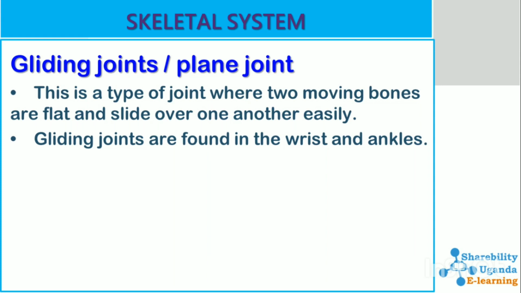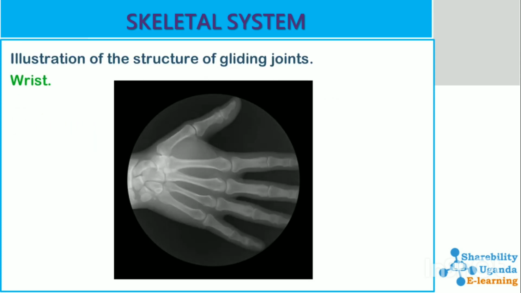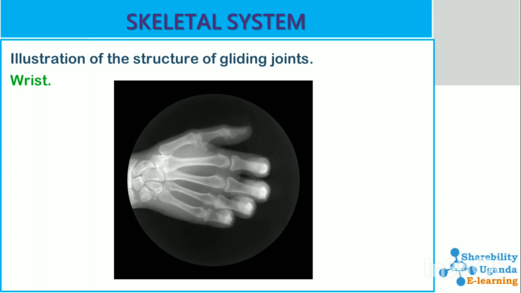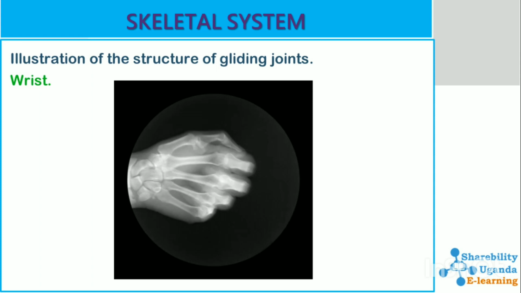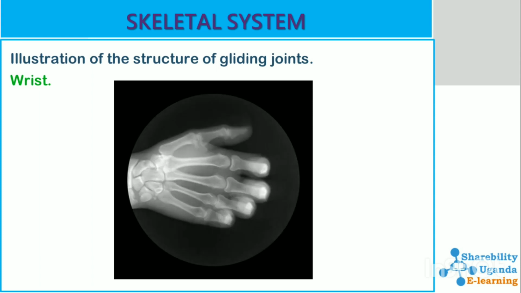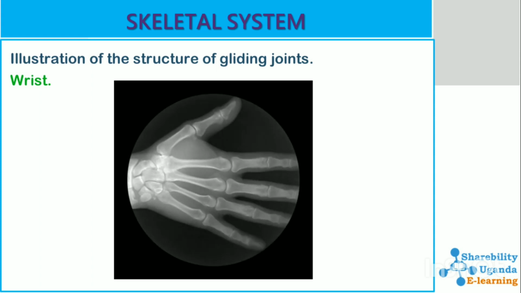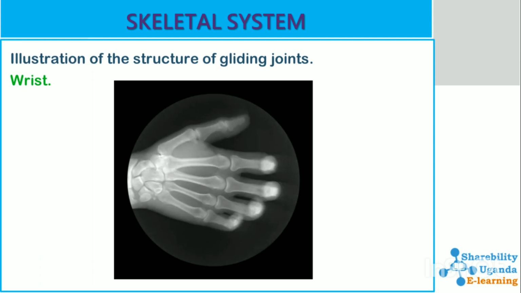Gliding joints are found in wrists and ankles. Let us look at them. In the videos you can see how a wrist moves, or how joints in the wrists or arms move. It is an illustration of how the gliding joints work.